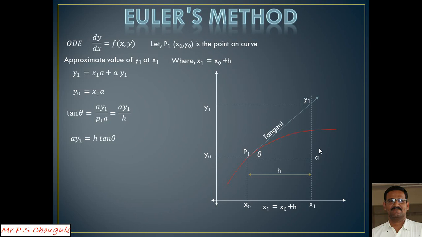Now here tan theta is nothing but the slope, and since we are dealing with an ordinary differential equation, I can write Ay1 is equal to h times dy upon dx instead of tan theta, that means the slope at x0, y0. So the equation becomes y1 is equal to y0 plus h into the slope dy upon dx at x0, y0.